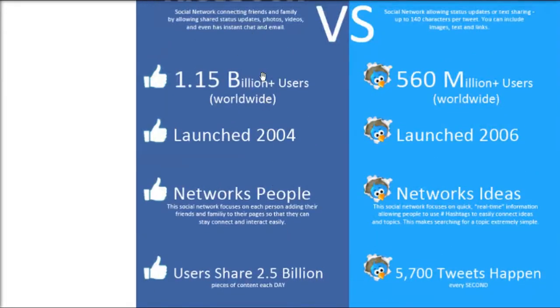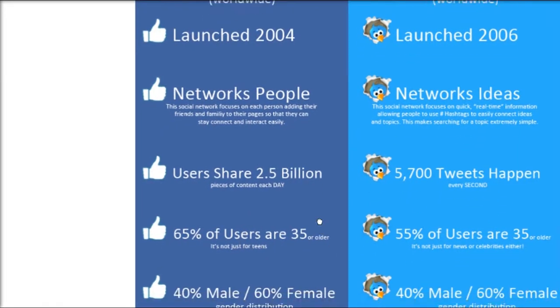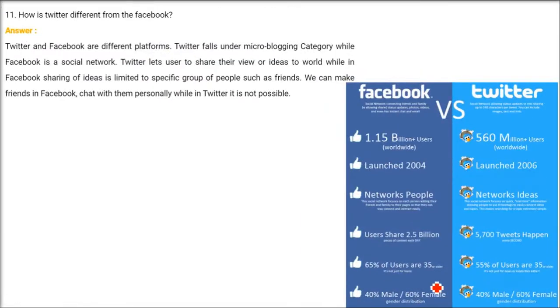The sharing is quite high as far as Facebook is concerned, and tweets are also being shared. There are trends also. Most people on Facebook are 35 and older, and 55% of users on Twitter are 35 and older, and male and female are almost similar.